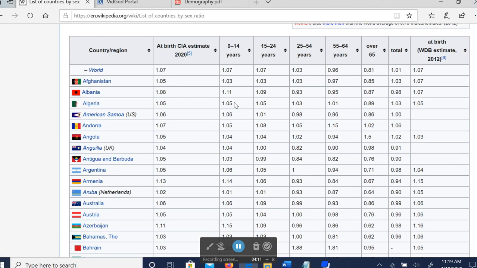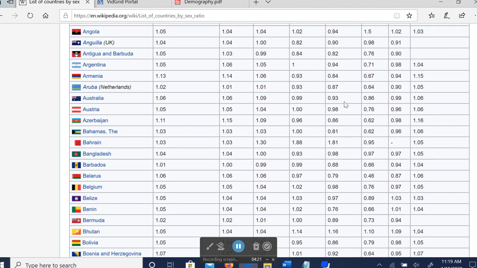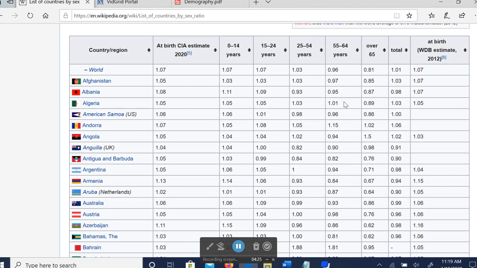Sometimes they disaggregate their data by age group. And as we can see from this webpage or from Wikipedia essentially, countries that tend to be more patriarchal have slightly higher sex ratio for younger ages.